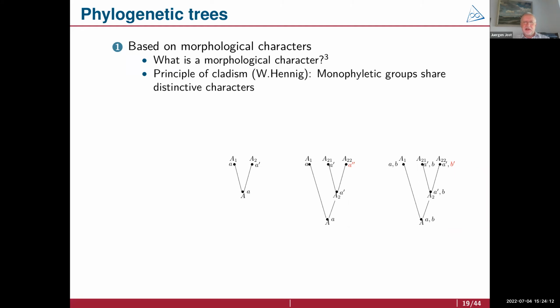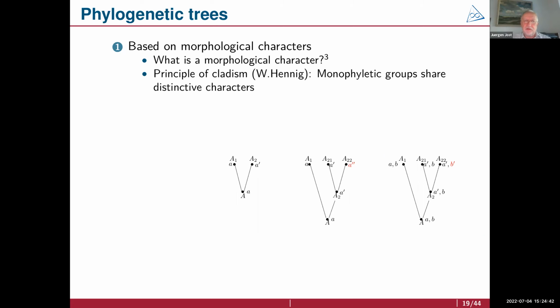And you also had fossil data, and you could compare them. And so on the left picture, you see something very simple. You have two extant species, A1 and A2, current species, and you have some fossil species A, and the fossil species A had some character value small a, and that character value is preserved in A1, but it has been changed to A prime in A2.